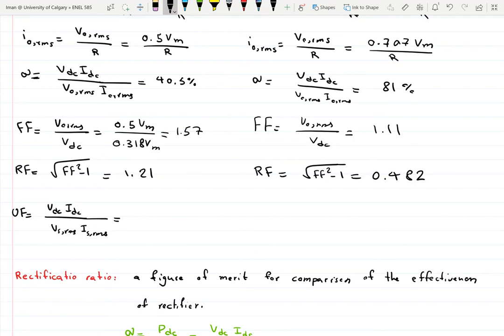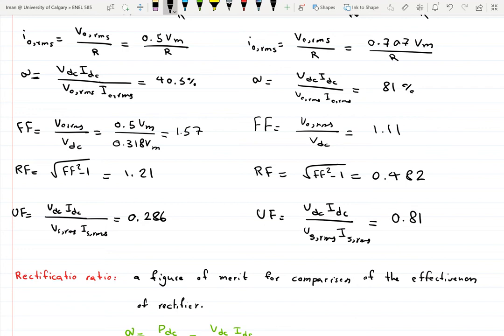For the half wave, if we calculate this, we'll have 0.286. And for the full wave, if we calculate the same thing, we would get 0.81, which is much better.